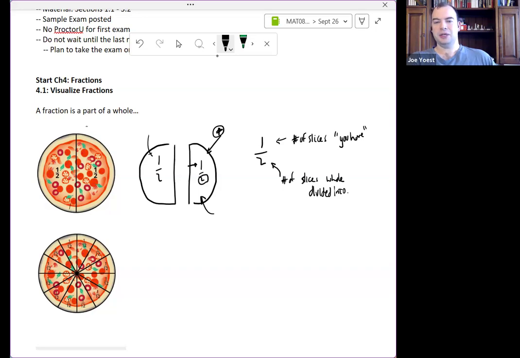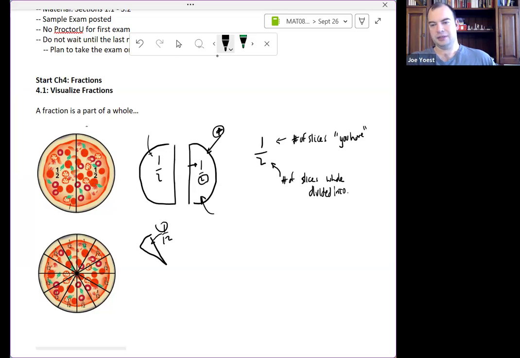I could take that same pizza and cut it a bunch of different ways. I could cut it into 12ths, right? So maybe this slice of pizza is 1/12. This pizza was cut into 12 equal size pieces, and I have one of them.